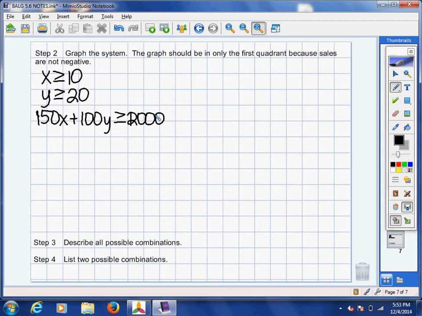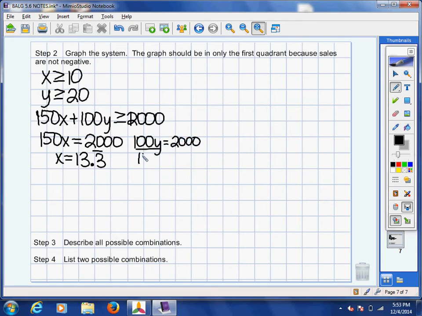So I'm going to do the cover-up method, and I'm going to have 150x is equal to 2,000. And in your calculator, do 2,000 divided by 150. And that's going to give me about 13.3 repeating. And then do the same thing, cover up the x and solve for y. Okay, that looks great. Divide by 100. And it looks like y is 20. Okay, so perfect. That works out really good. We need that information, so that's going to really help us when we set this up.